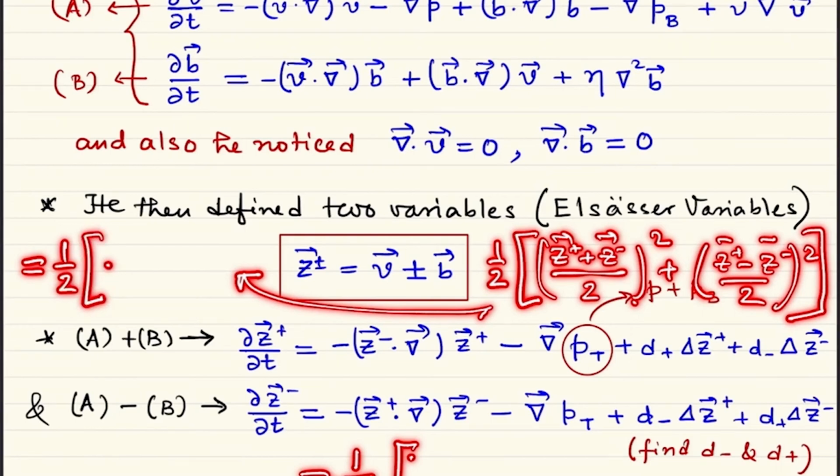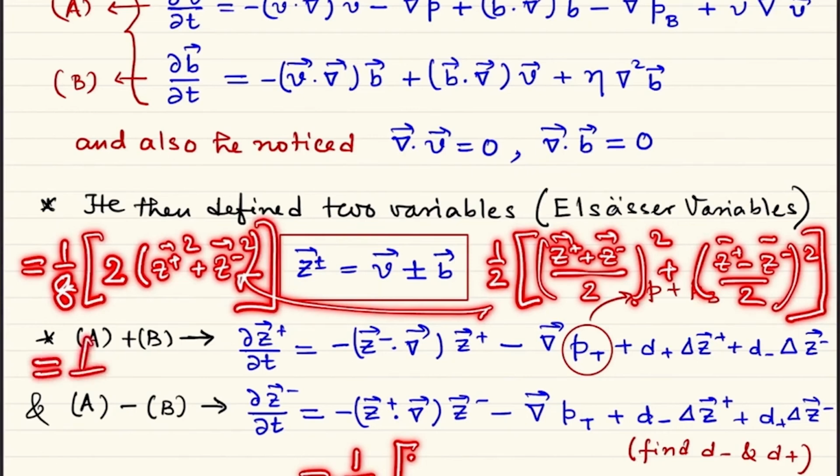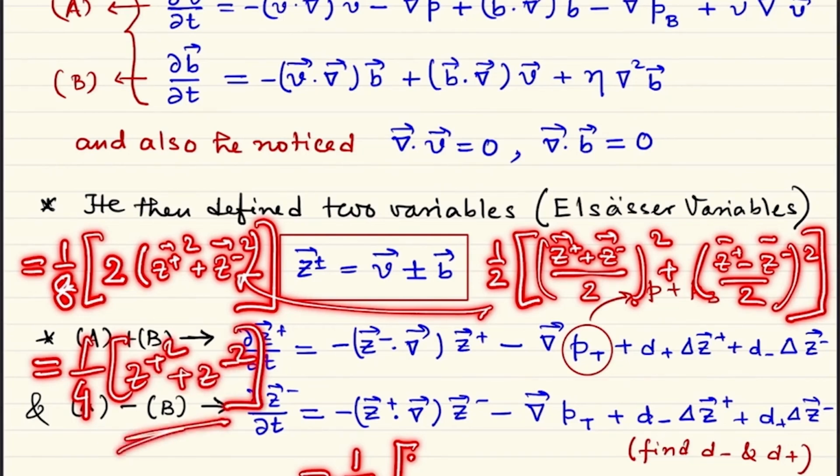So first I take 1 by 4 factor common, so that will make it 8, and inside this it will be 2 times z plus square plus z minus square. So it will be simply 1 by 4 z plus square plus z minus square. Okay, so that is the expression of the total energy density in terms of z plus and z minus.